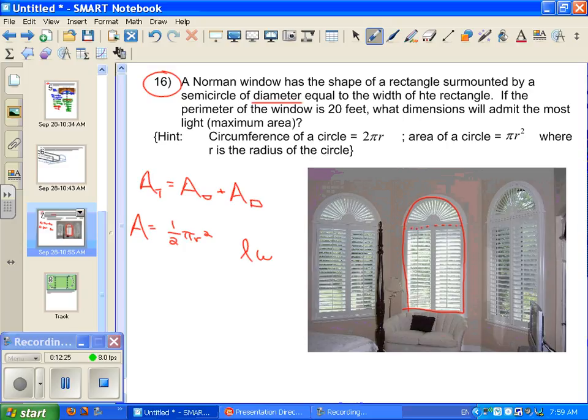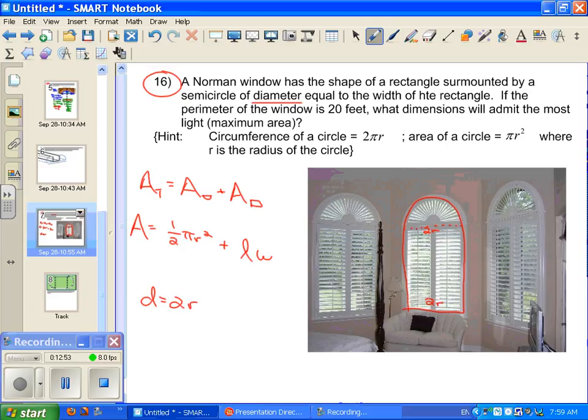All right, that one's already got r's in it. So now all I'd have to do is figure out length and width in terms of r. Now they're telling me that the width of this thing is the same as the diameter. So what's the diameter of a circle? Two r's. So that means this is 2r.